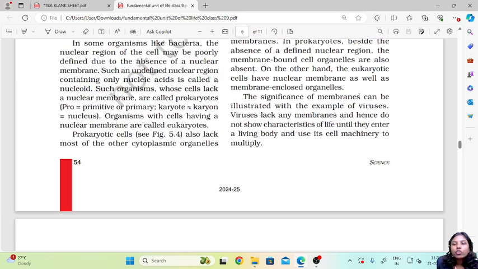The significance of membranes can be illustrated with the example of viruses. Viruses lack any membranes and hence do not show characteristics of life until they enter a living body and use its cell machinery to multiply. So one simple example to understand membranes is to understand viruses. Viruses lack these membranes, and therefore they don't show characteristics of life.